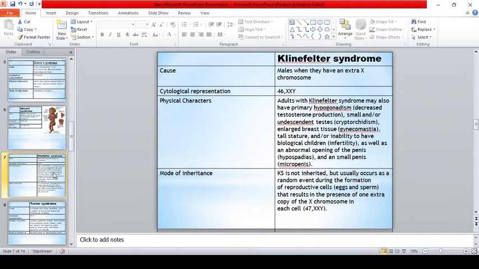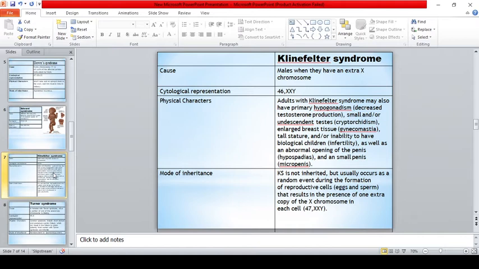The main physical characteristic is that adults with Klinefelter syndrome have primary hypogonadism, that is decreased testosterone production and small or undescended testes, known as cryptorchidism, and it also leads to enlarged breast tissue, known as gynecomastia. Students, I hope you are all noting down these very important points.